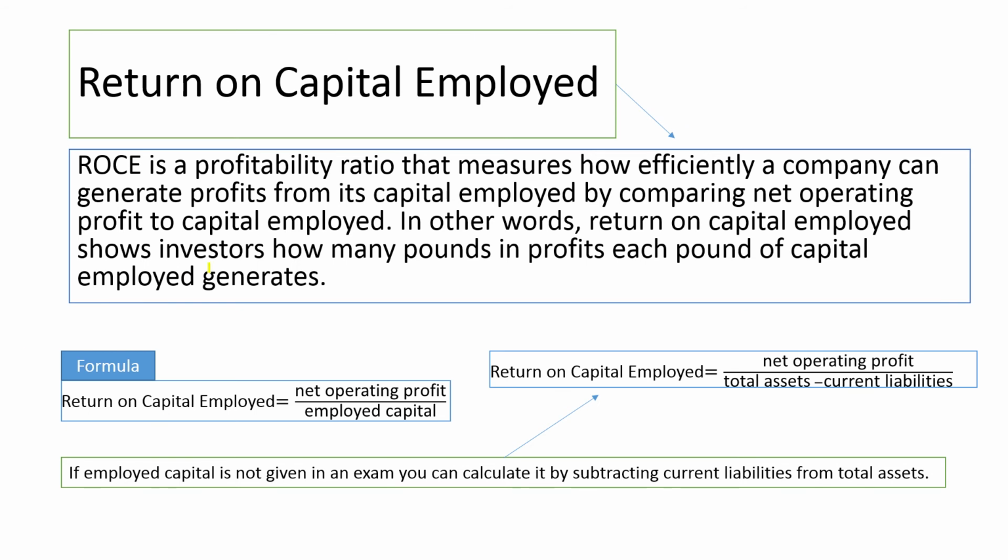Return on capital employed, also known as ROCE, is a profitability ratio that measures how efficiently a company can generate profit from its capital employed by comparing net operating profit to capital employed. In other words, return on capital employed shows investors how many pounds in profit each pound of capital employed generates.